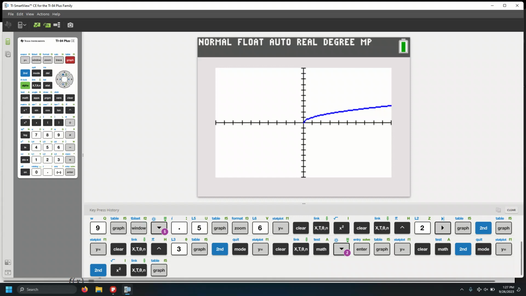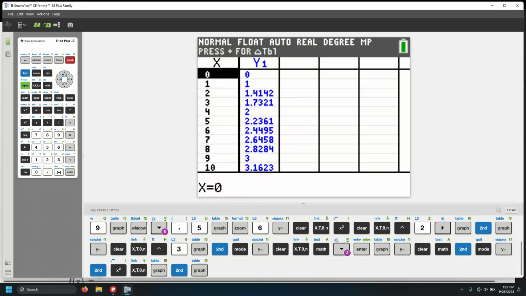All right. I was talking about the values, right? So you might want to click second, table, because it's in blue. And you're going to see a lot of decimal values except for the x values that we know are perfect squares, because those numbers have a perfect square root. Like in this case, the square root of 0, which is 0, the square root of 1, which is 1, and then the square root of 4, which is 2, and then all the numbers greater than 4 and less than 9 will output decimals because those numbers do not have an exact square root.